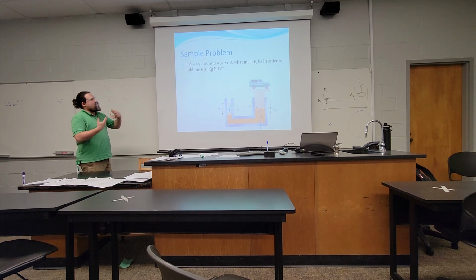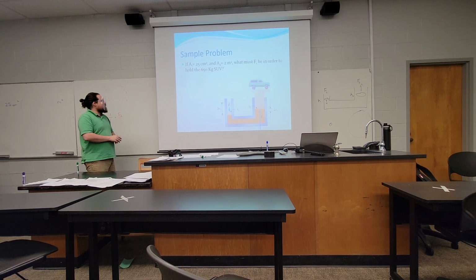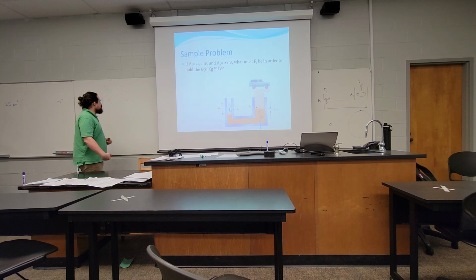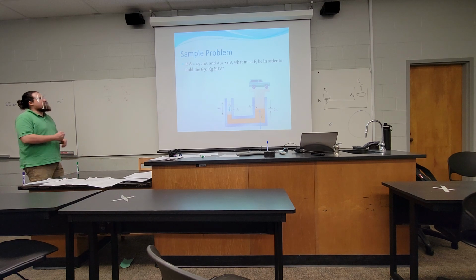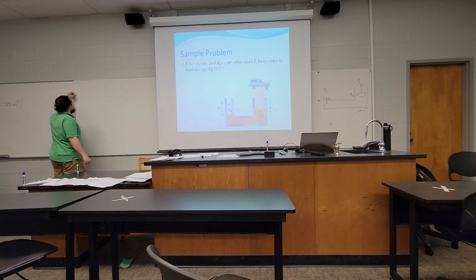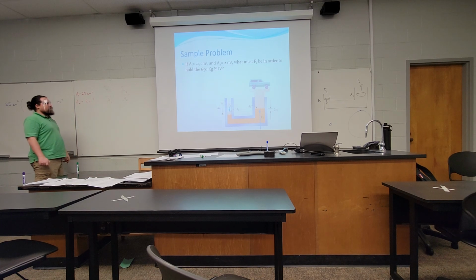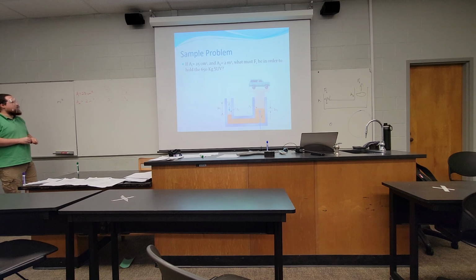We now have sizes for each of those pistons. The first piston, the smaller one that we are going to ourselves be pressing on, is 25 centimeters squared as its cross-sectional surface area. And the second piston is 2 meters squared for its cross-sectional surface area.